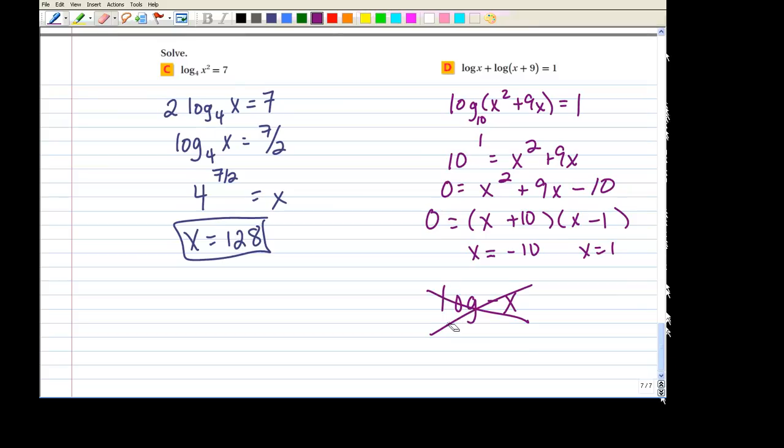So if you get solutions that when you plug them back into the function give you a log of a negative number, we want to disregard that and consider it an extraneous solution. And so looking at this negative 10, if I plug that back into what we started with, we'd have log of negative 10, not okay. But if we have a 1, everything would stay positive and happy, and that would be our only answer.